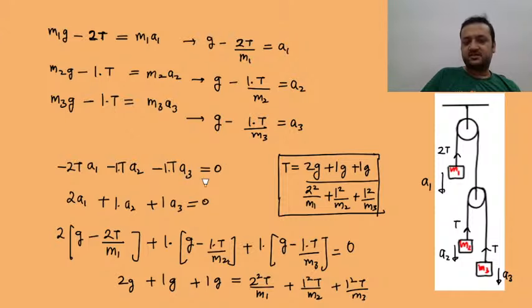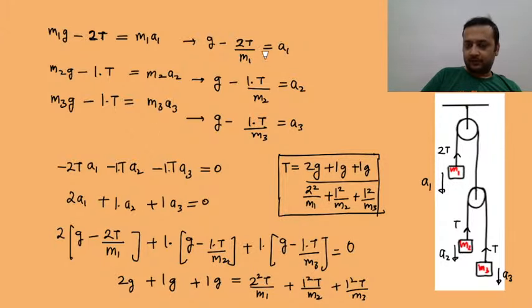And when you write the constraint equation using virtual work or virtual power, tension again goes to zero, but it leaves its coefficient. That means 2 was left here, 1 was left here, and 1 was left here. So tension goes to zero after leaving its coefficient, right?